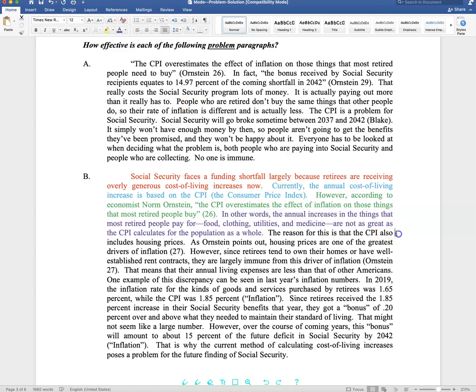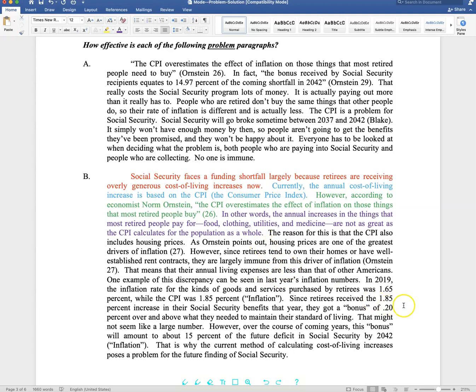In other words, the annual increases in the things that most retired people pay for, food, clothing, etc., are not as great as the CPI for the population as a whole, right? And we've got, I think, 3 more sandwiches in here that kind of delves into that in more detail.